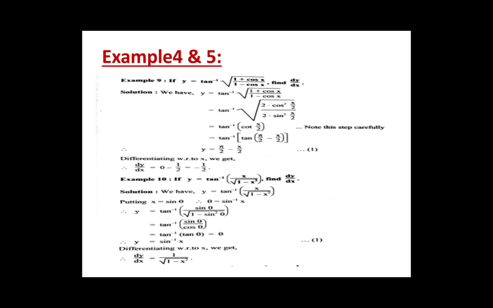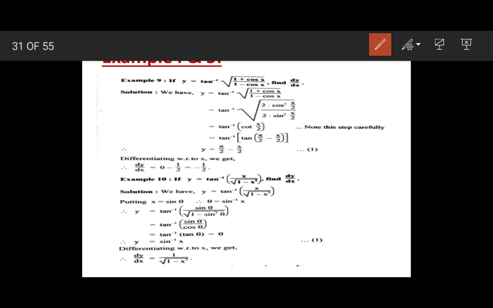See some more examples. If y is equal to tan inverse root of 1 plus cos x upon 1 minus cos x, then find dy upon dx. Now 1 plus cos x is equal to 2 cos square x upon 2. Okay.